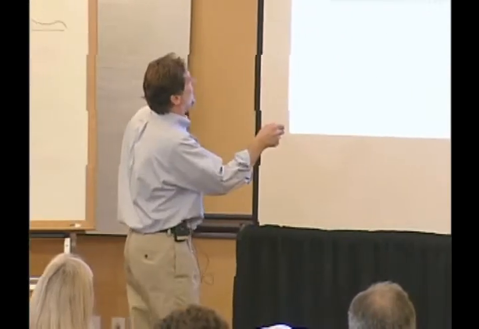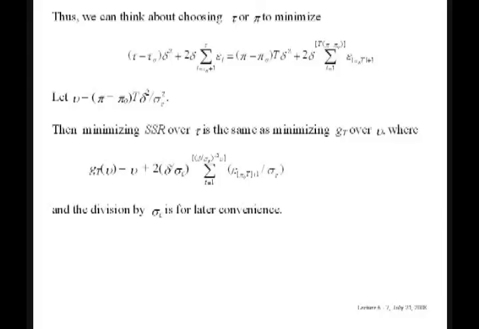Okay, so now let me rewrite this guy in terms of this variable nu. So what's this? Well, this is just nu. Dividing by sigma squared just scaled this, so it's not going to change the minimizer. So take this guy, this is nu.